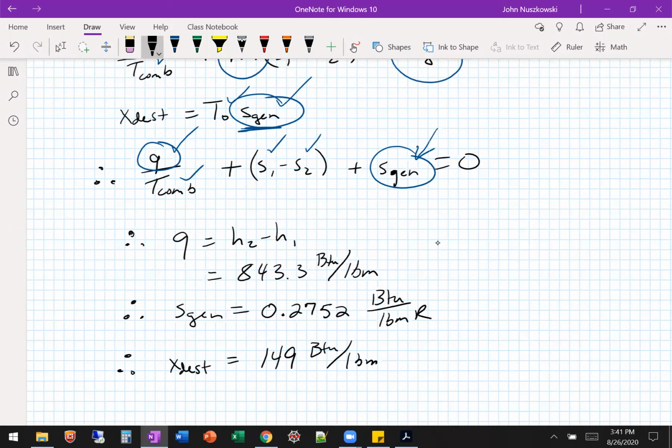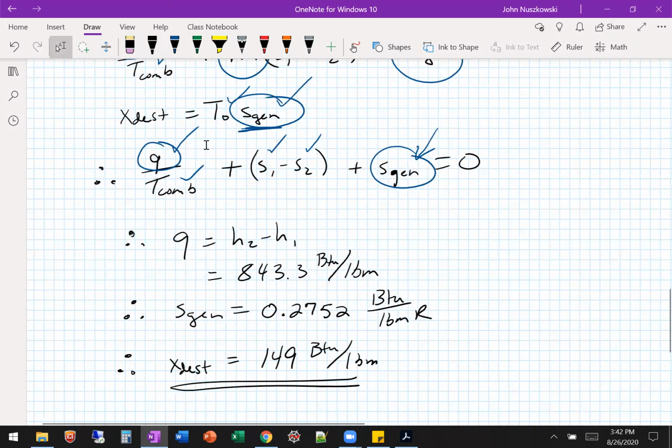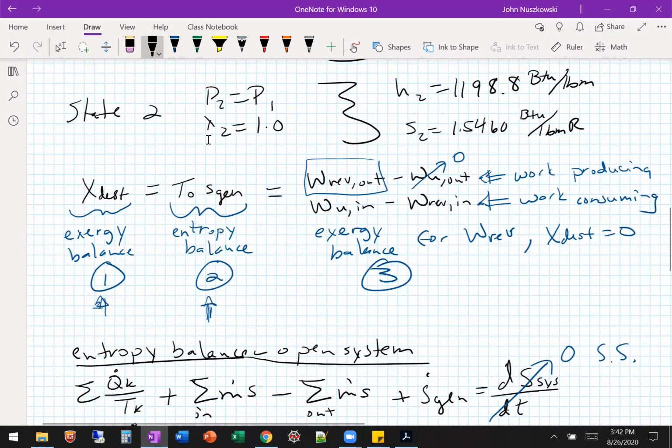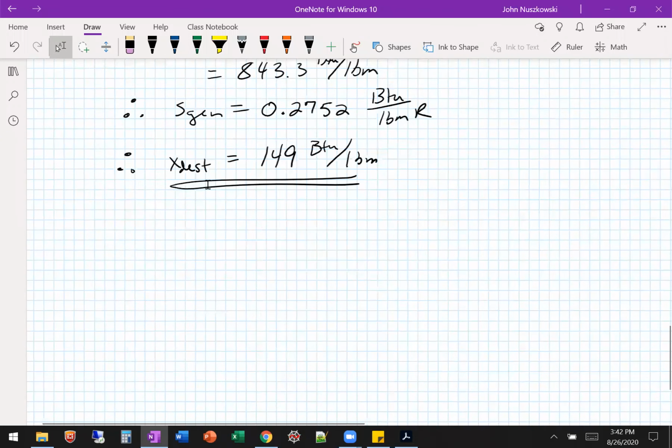If we multiplied that times mass flow rate, scaling the system, small system, small mass flow rate, large system, large mass flow rate, we would get the BTUs per second, the power that's lost. All right, so that's what we were asked for. So that was the entropy balance. Okay, so let's do the Exergy balance method.